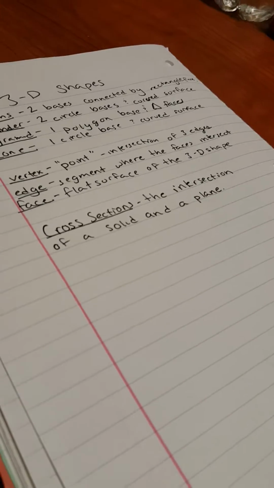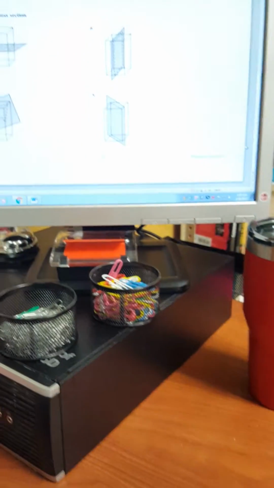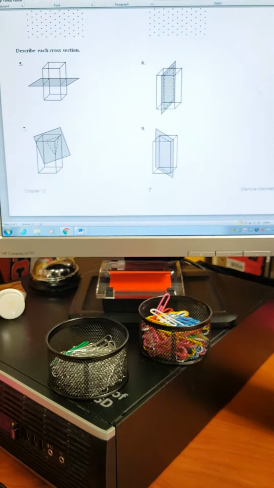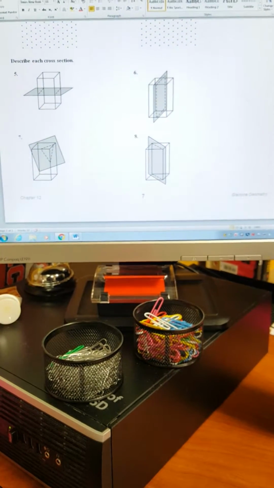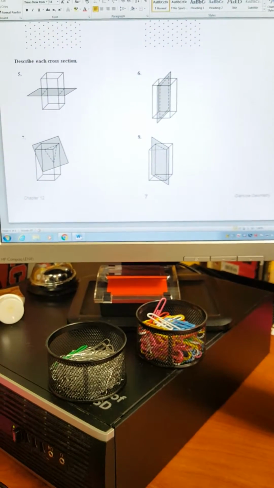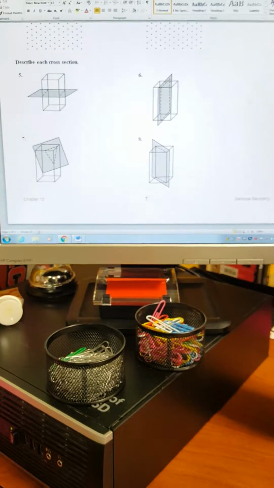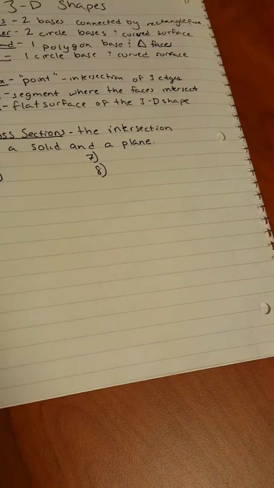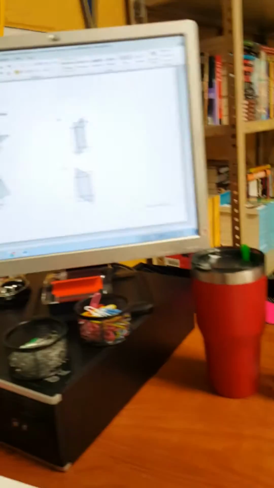So it's like if I take a thin slice out of the 3D shape, what 2D shape would result in that? So in your notes, I want you to do numbers 5, 6, 7, and 8. And then we'll discuss which one's right.